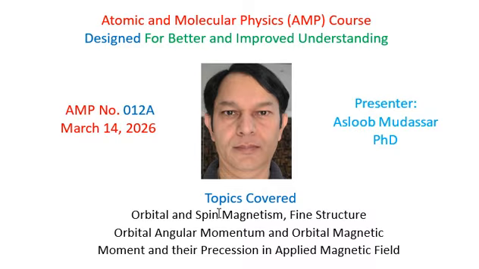Then I shall also be discussing the interaction between the orbital and the spin magnetic moment in the next lectures. On the basis of these interactions, I shall be explaining the fine structure in much greater detail.